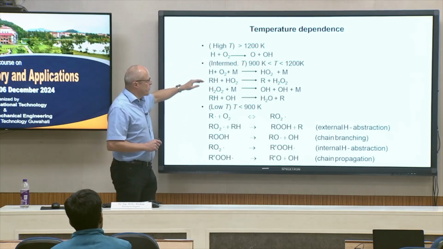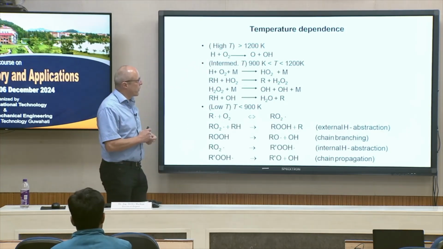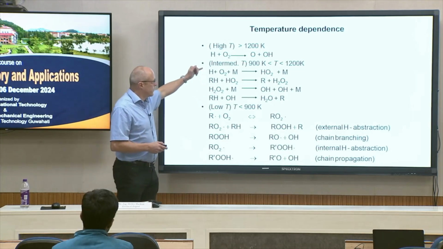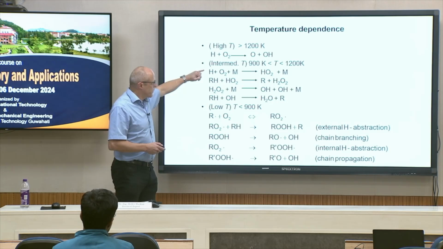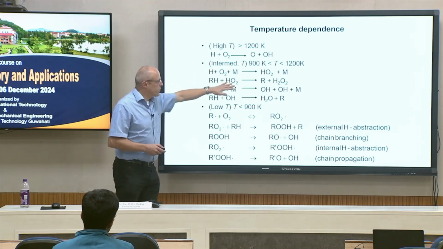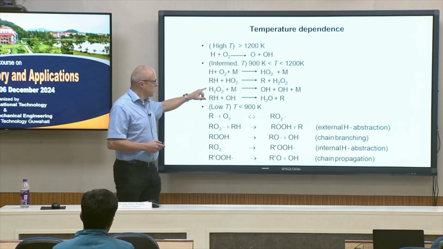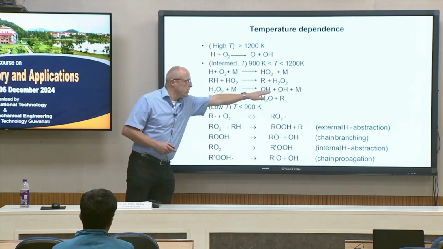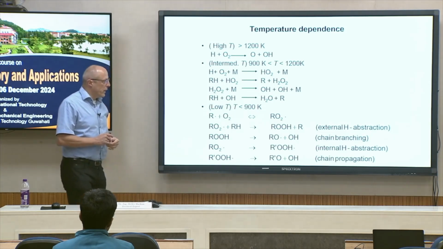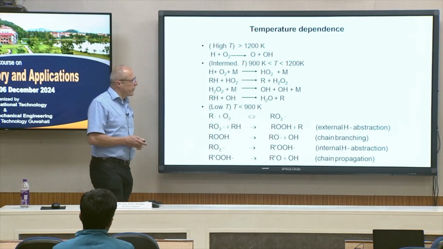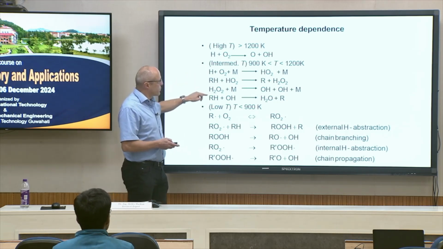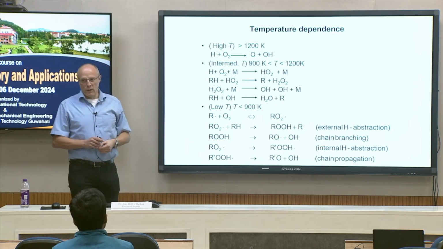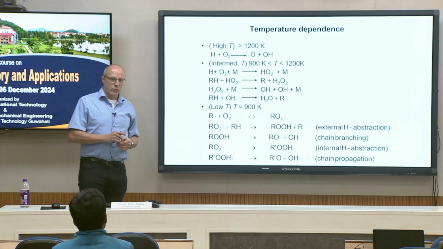And in intermediate temperatures, from 900 K to 1200 K, we again have a different pathway. We form some hydroperoxide, H2O2. This decomposes to OH plus OH. And this is then the dominant pathway at intermediate temperatures. And at low temperatures, it gets really, really complex.